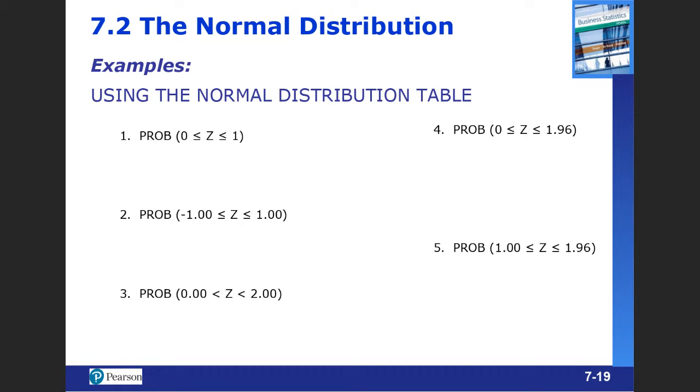I'm doing number 2 right now. So I'm going to draw my curve here. My center is 0. So this is saying z is greater than or equal to -1. Okay, so let's make this -1, and z is less than or equal to +1.